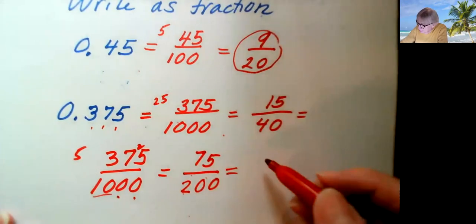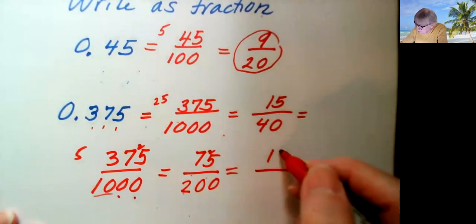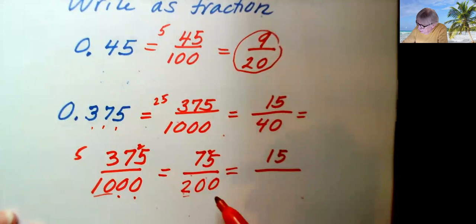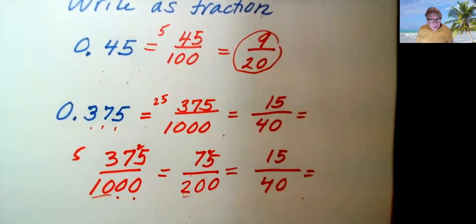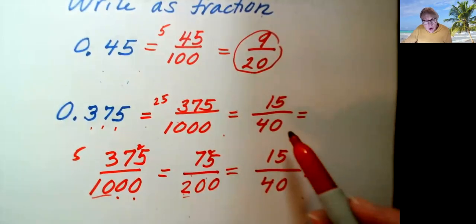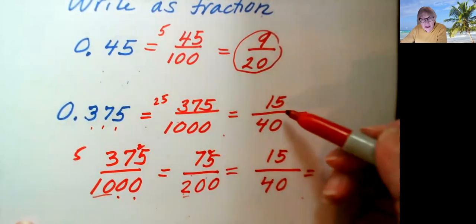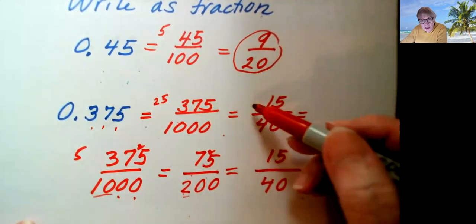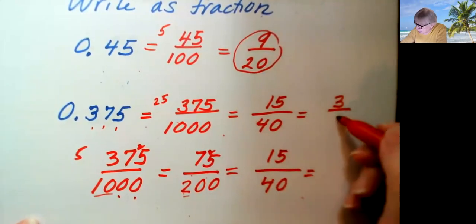5 into 75, 5 into 7 is 1, 15. 5 into this is 40. They're now at the same level, but we're not done. Regardless of how you tackle this problem, we still need to divide by 5 again. So 5 into 15 is 3, 5 into 40 is 8.